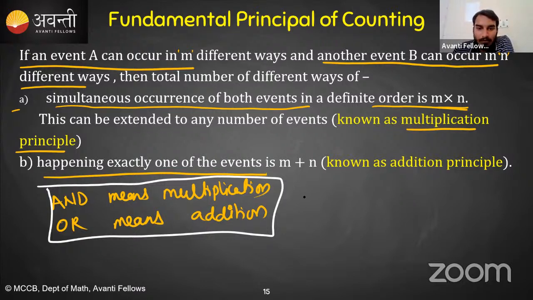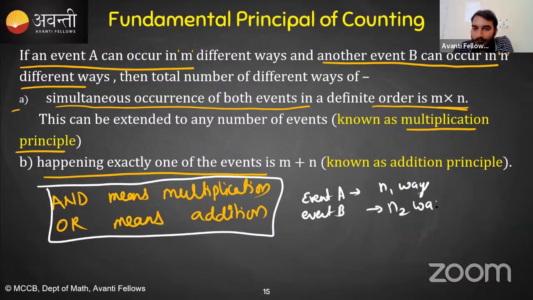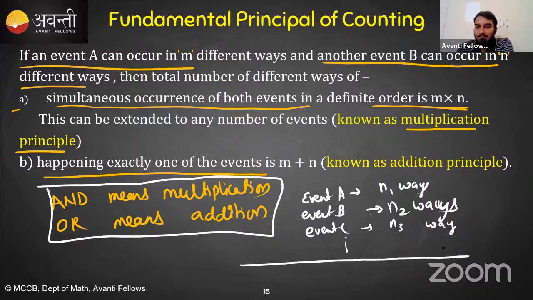Let's say event A is happening in n1 ways, event B is happening in n2 ways, event C is happening in n3 ways. Clear? Like this it is happening.